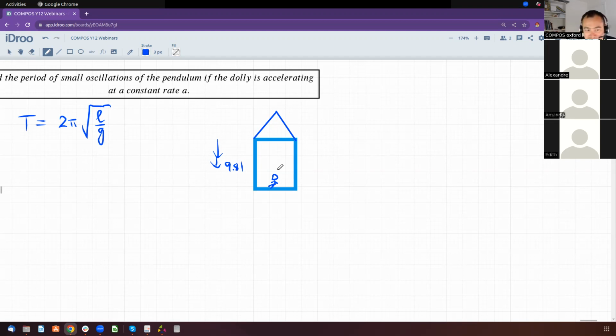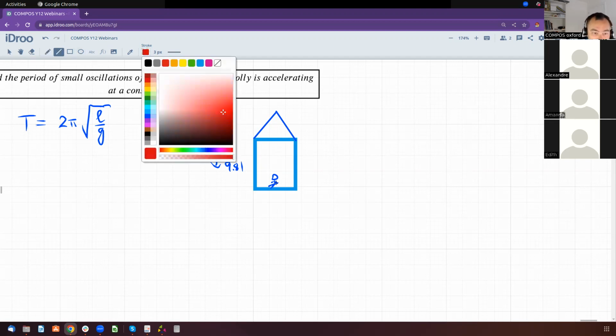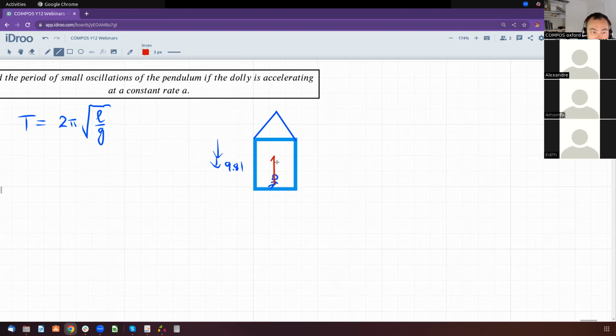When you're sitting on the floor, you feel the ground pushing you from the bottom. That's the normal reaction force pushing you up, and that's the force that you feel. And if you drop something, it falls to the ground because it accelerates towards the ground.